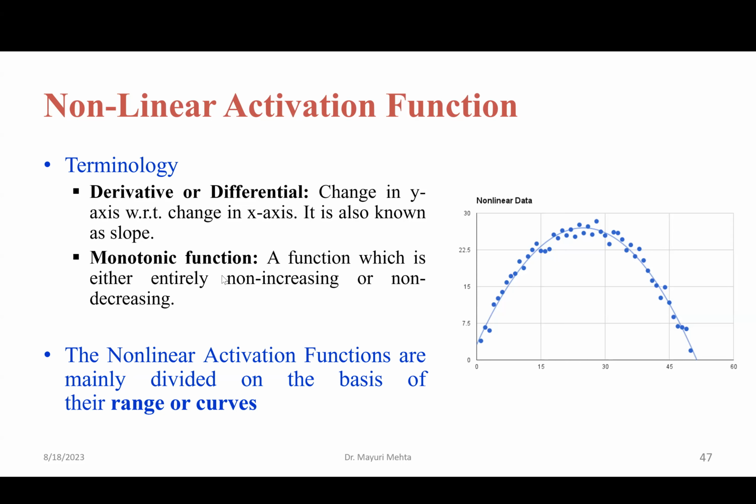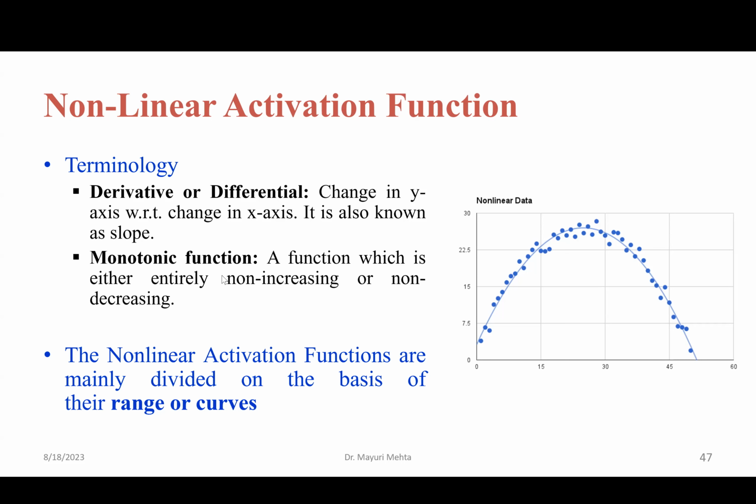So this term derivative or differential is the change in y-axis with respect to change in x-axis. And this is also known as slope. As you all have studied in mathematics, this is known as slope, change in y-axis with respect to change in x-axis. And what is a monotonic function?